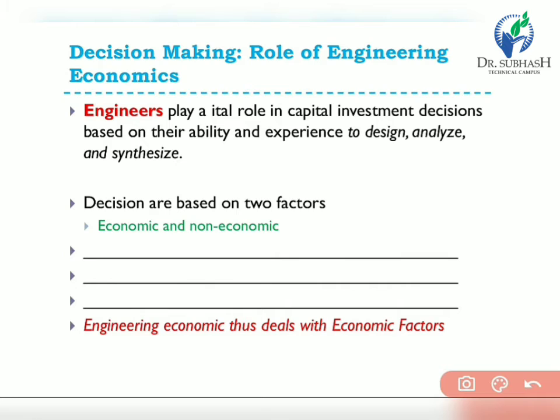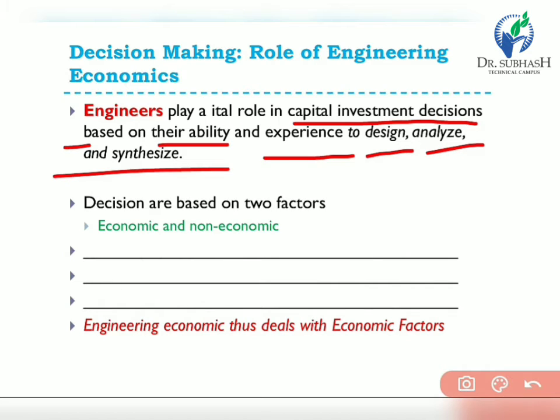Now, in the engineering economic process, what do engineers do? Engineers play a vital role in capital investment decisions based on their ability and experience to design, analyze and synthesize. It is the role of the engineer. Now, decisions are based on two factors.